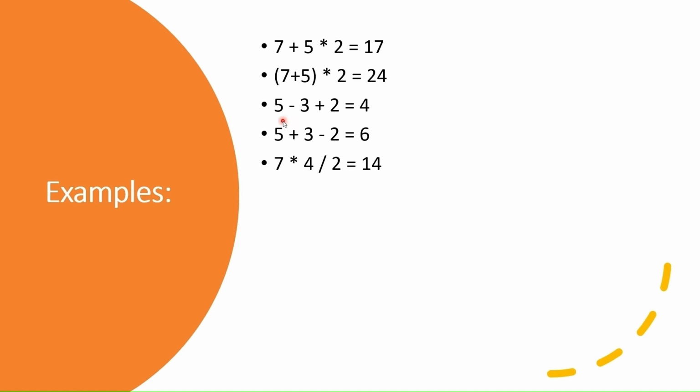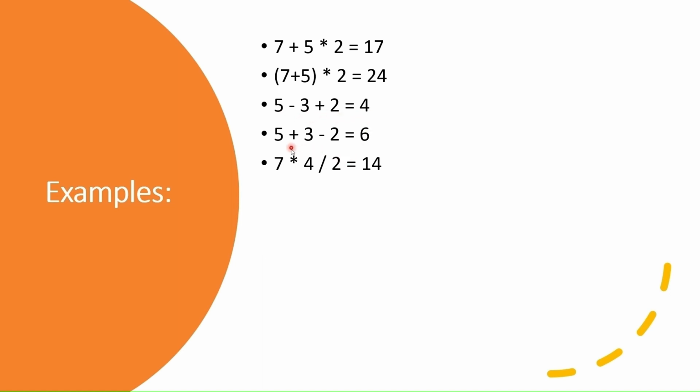In the third example, we have 5 minus 3 plus 2 equals 4. Because we have addition and subtraction at the same level of precedence, we start from left to right. That means because subtraction comes first from the left, 5 minus 3 is 2, plus 2 equals 4.